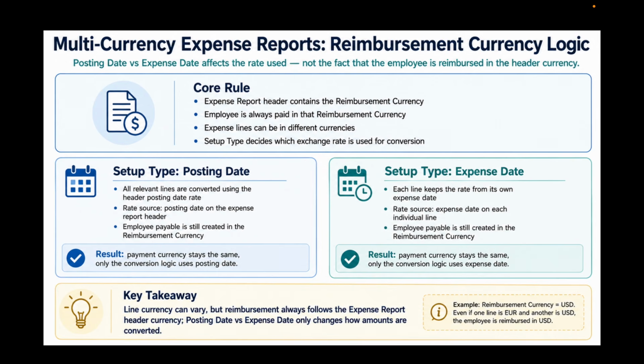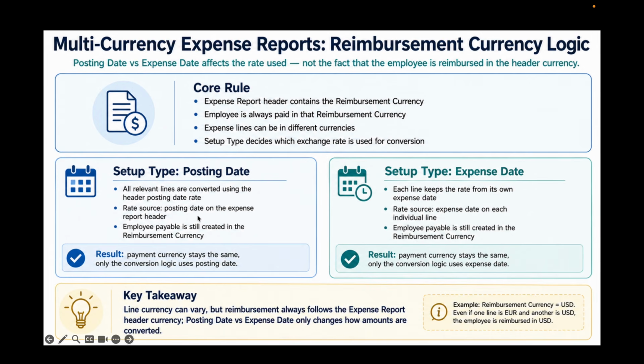Now it depends on my company policy whether I will get reimbursed based on the posting date of the transaction, which is the date when I'm filing the expense report, or based on the expense date of my transaction, which may be when I traveled, at the start of the month. That's basically how it works.